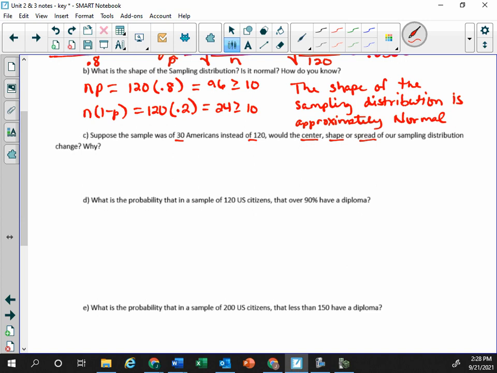If you have 100 students, you would take every different sample of 30 students, and the average of each of those samples of 30. Oh, okay. I think I'm overthinking it.